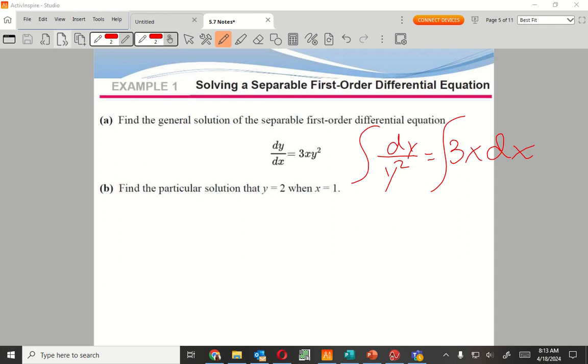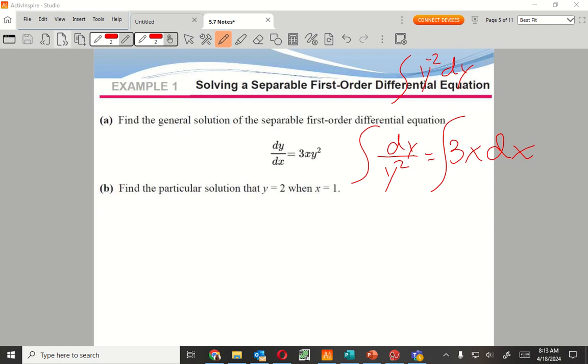All right, Danny, what do you get on the left-hand side over here? Remember, you could rewrite it as y to the negative 2 dy. What do you do to your exponent? Add 1, and then you divide by that.